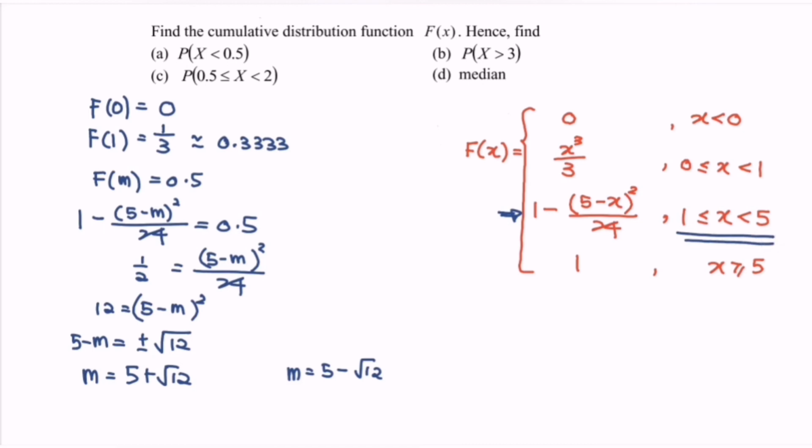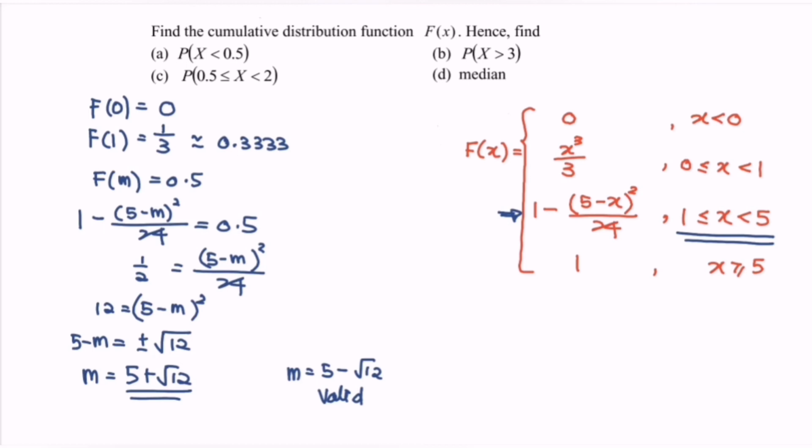By referring to the value m, 5 minus square root of 12 is located in between 1 until 5. Whereas for 5 plus square root of 12, we will have a value more than the range, which is 1 until 5. So the answer will be valid for 5 minus square root of 12.